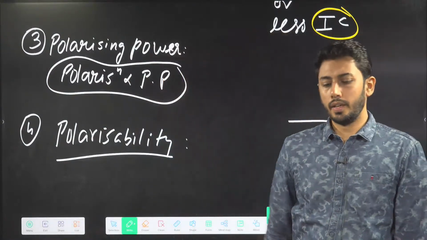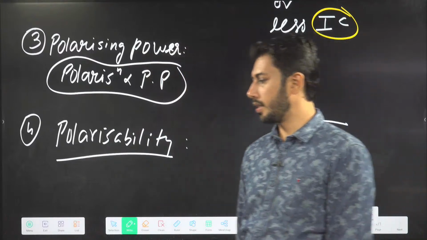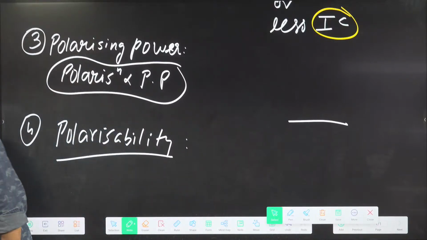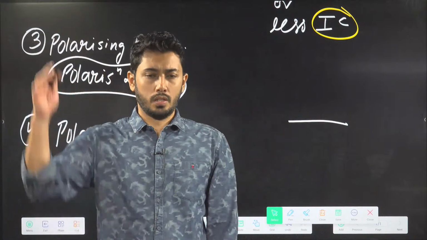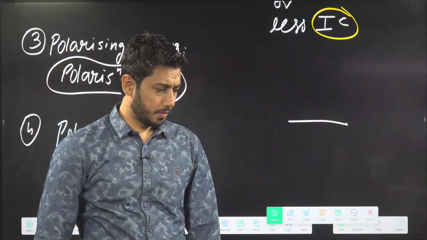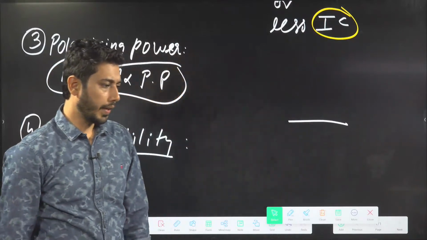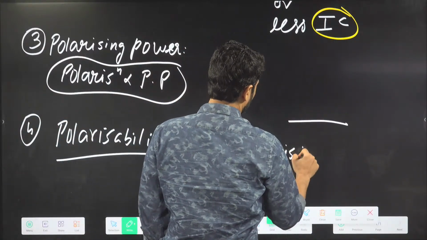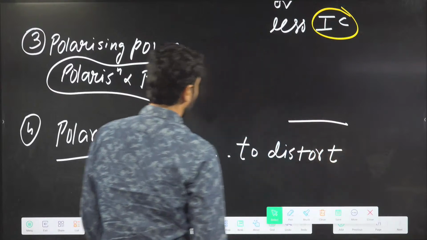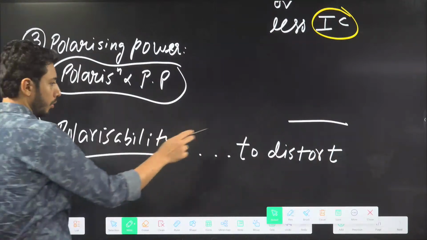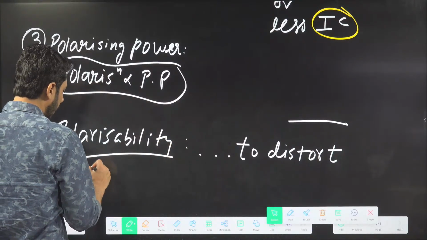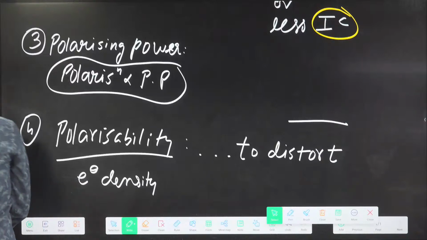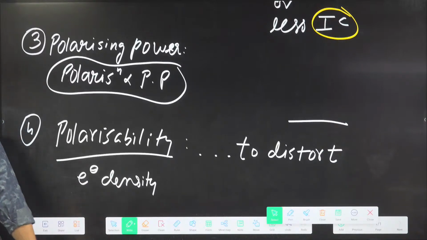So write down, it is the tendency of anion to distort electron density towards cation.